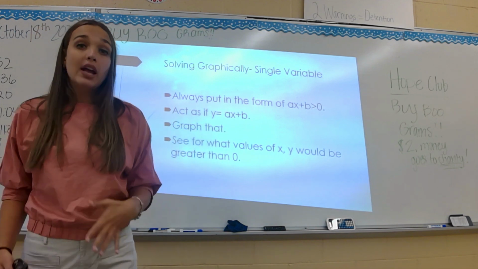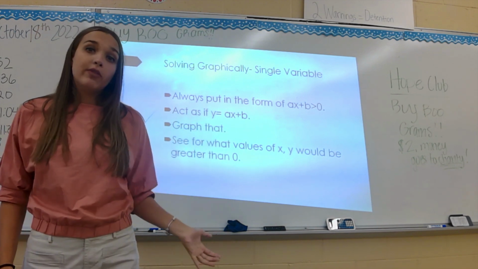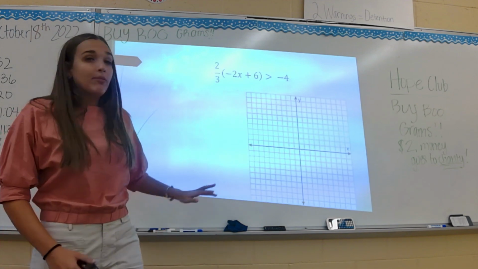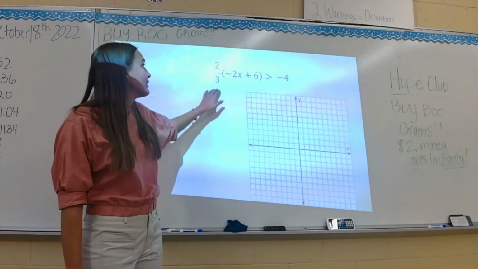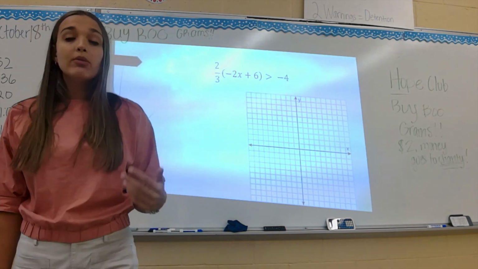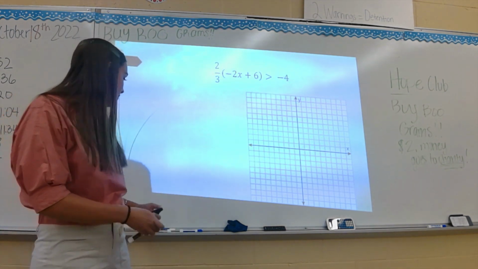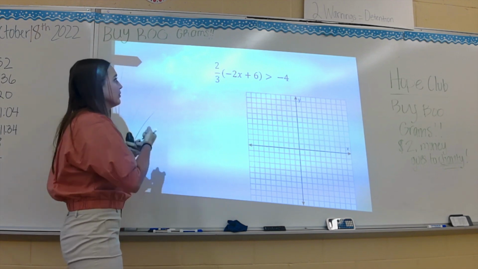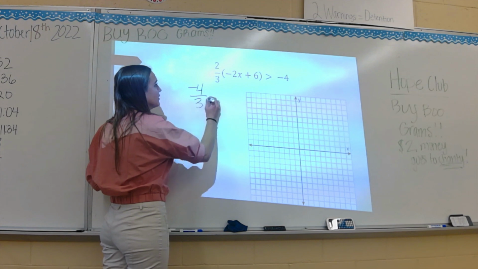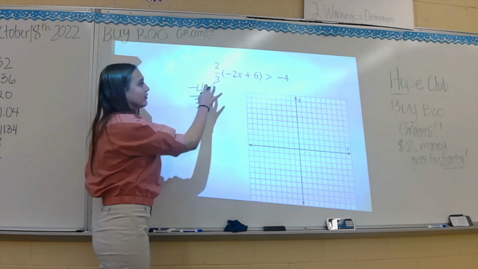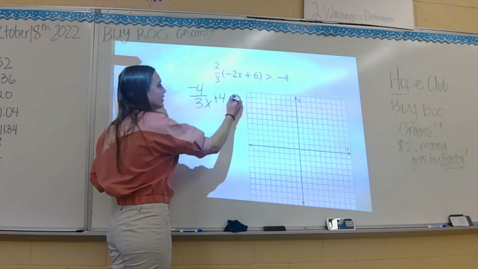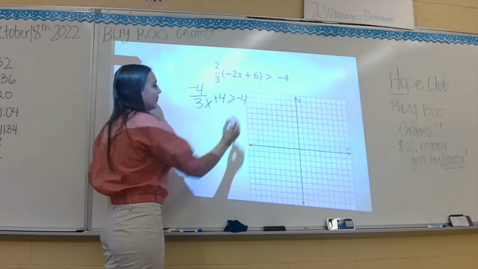Now let's apply this knowledge to one of our problems and see how it works. We have 2/3 times the quantity negative 2x plus 6 is greater than negative 4. I am going to distribute like I normally would. When I distribute, I get negative 4/3 x plus, 6 divided by 3 is 2, times 2 is 4, is greater than negative 4.